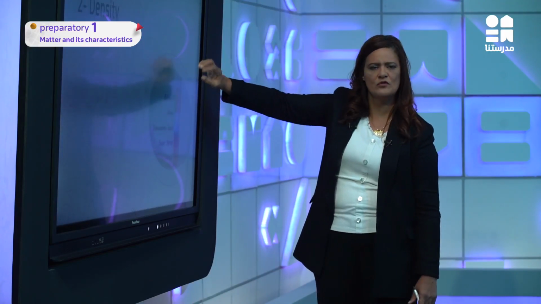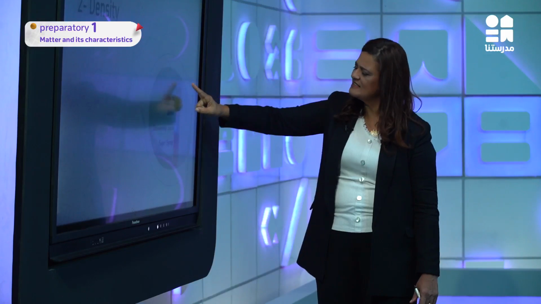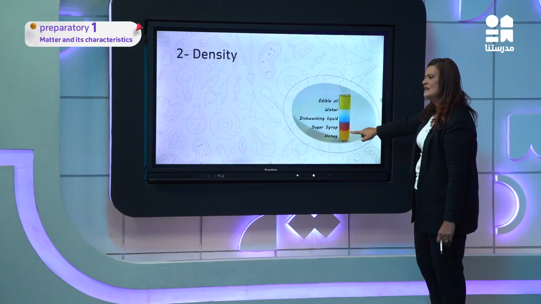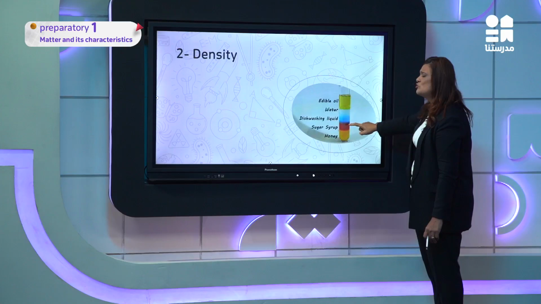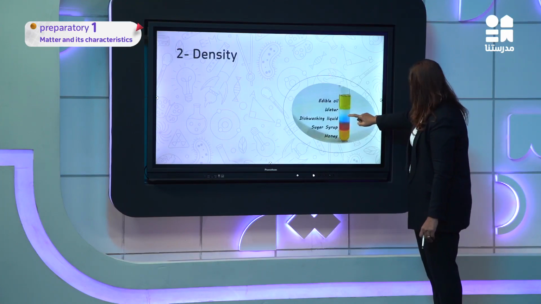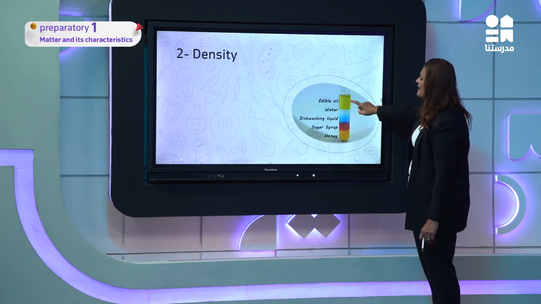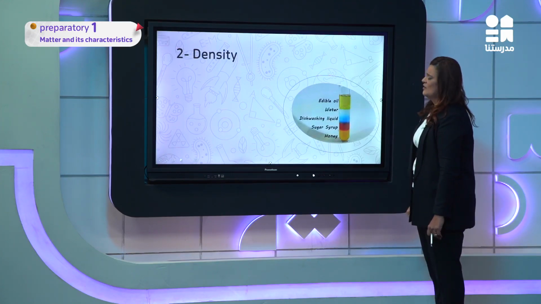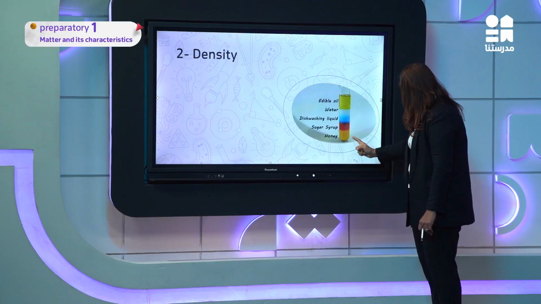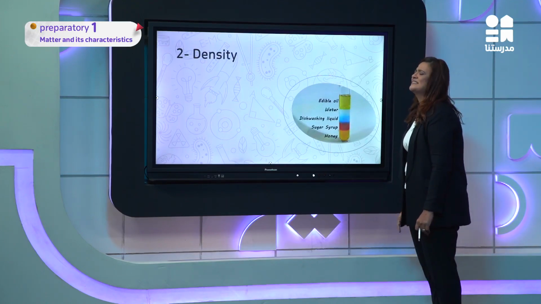When we put them all over each other, we will see these colors. We will see honey and then the sugar syrup and washing liquid and also water and edible oil. Why are they organized like this? Due to the difference in their density.